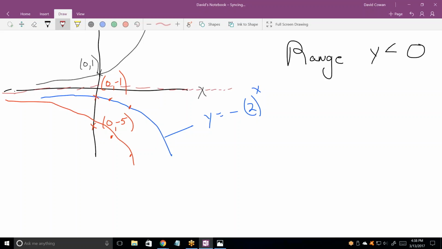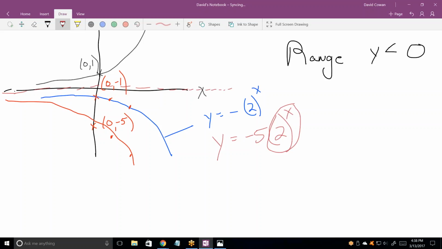Notice that as x goes to negative infinity, here's my function, y equals minus 5 times 2 to the x. Well, as x goes to negative infinity, this number becomes infinitely small. And even if I'm multiplying it by minus 5, it's still very, very close to the x-axis.